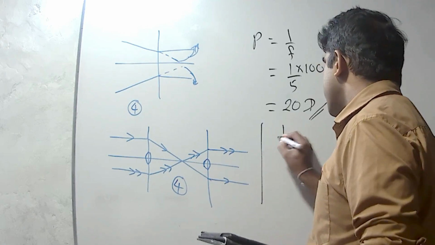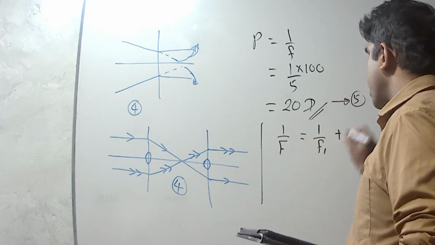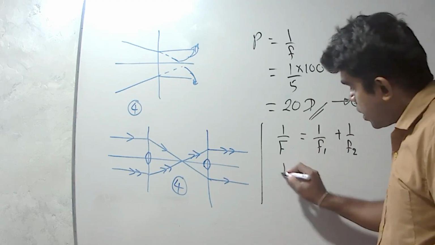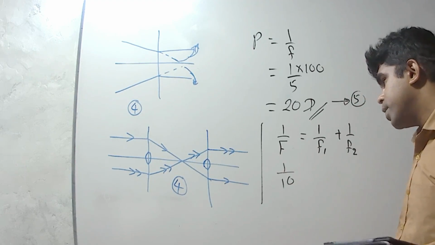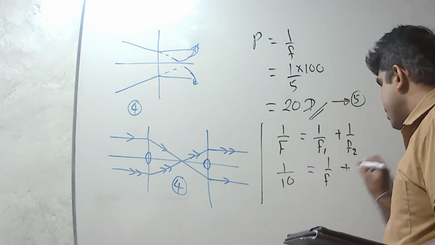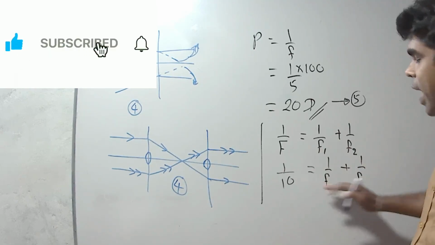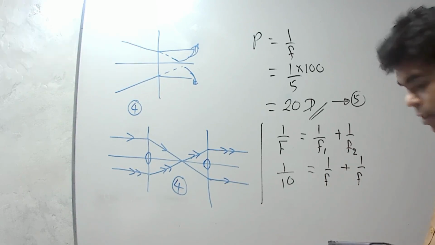We can use 1 over f equals 1 over f1 plus 1 over f2 for the lens combination. 1 over 10 is the focal length of combination. There are same values in answers, therefore we can get f as the focal length of one contact lens.